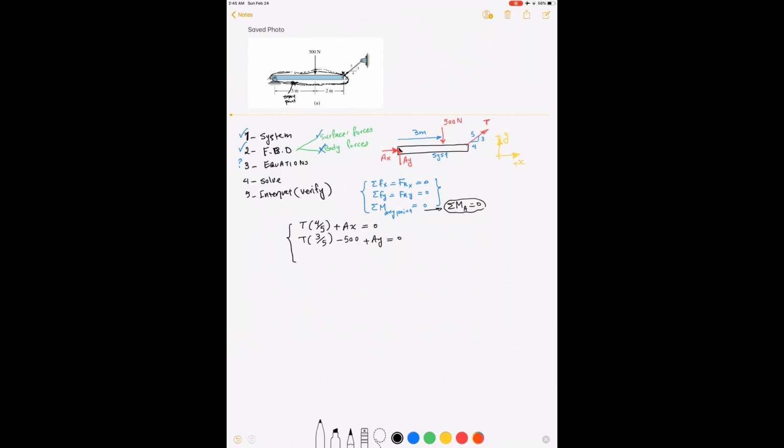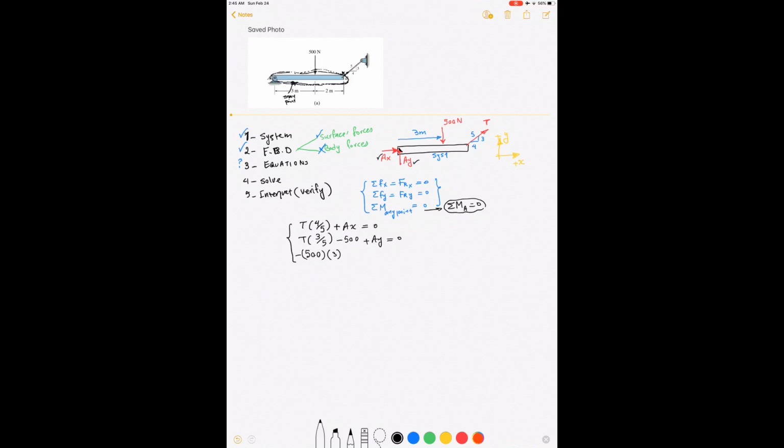Now if I write the moment about A, we automatically know that the moment of Ax is 0 because it's going through A. The moment of Ay is 0 because it's going through A. The next thing is 500, so it's going to be 500 times the moment arm. You don't even need to move it, it's already normal. Times 3, positive or negative? It's negative. Use your right hand.